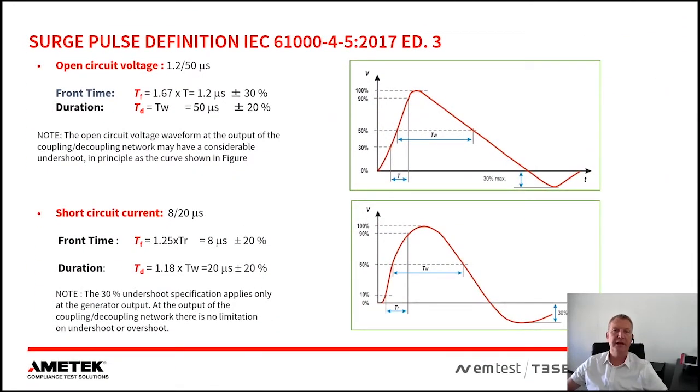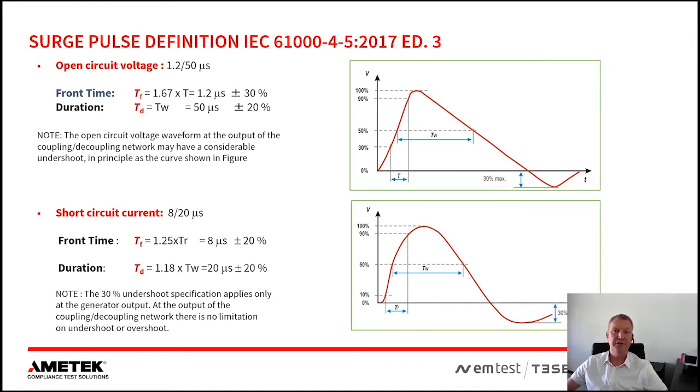Here we have the new definition from edition 3. The open circuit voltage is specified with a front time of 1.2 microsecond. This is a result of a fixed factor of 1.67 multiplied with the time between 30 and 90%. The duration is the time between 50 and 50%.